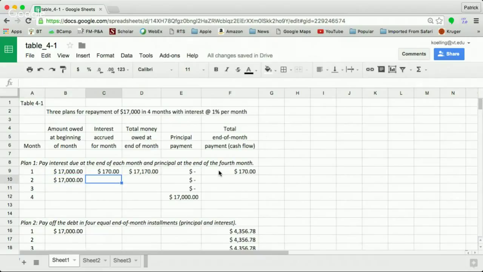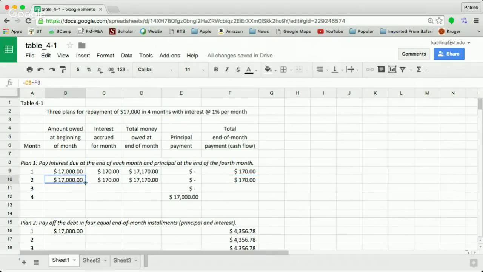What is our interest? Well, again, our interest is 1% of what we owe. I can just drag that down. It's $170. How much do we owe at the end of the month? $17,170. We're not making any principal payments here. So how much total payment will we make? $170.